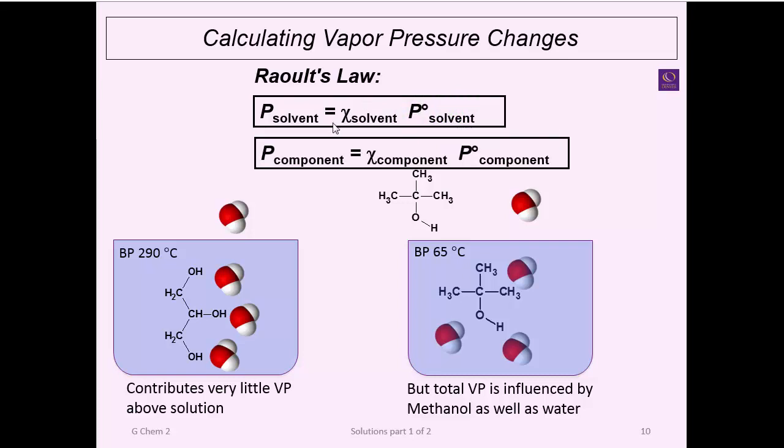I like to rewrite this a little differently though, because this works best if whatever you're dissolving has no influence on the vapor pressure, but this one will tell you partial pressures for all the components. So it can be used for either situation, and it basically says if you want to know the partial pressure of each component, figure out the mole fraction of the component times the pure vapor pressure of the component without anything mixed in.